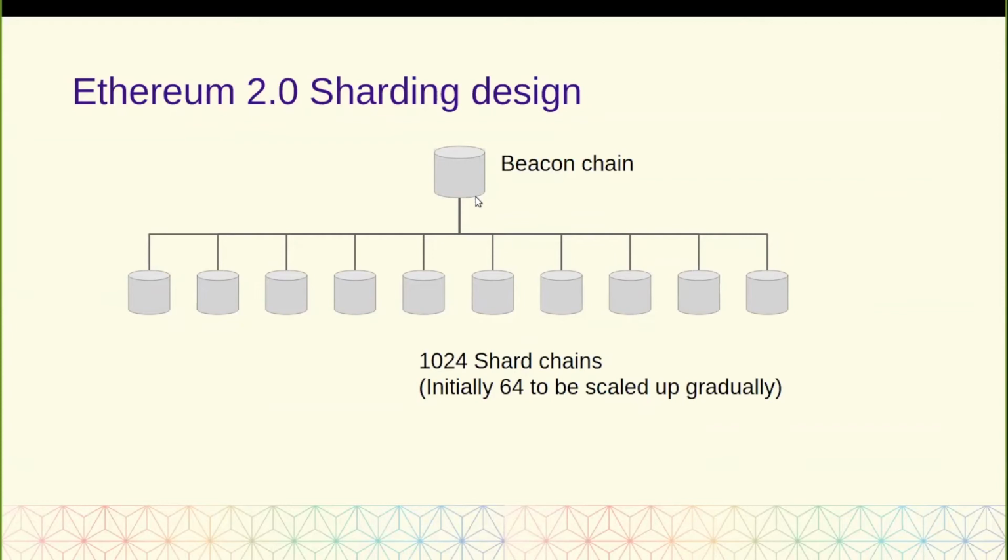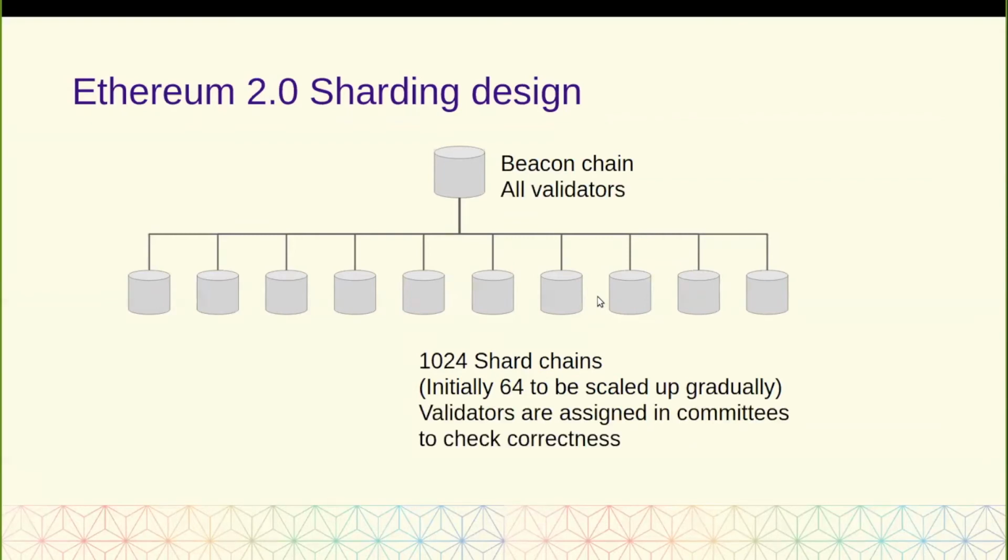So for example, validator registration, and sending validators onto shard chains and telling them to go in a committee and check what's going on there. And then we have all those 1024 shard chains, initially 64, where the actual action happens, where actual transactions would be.